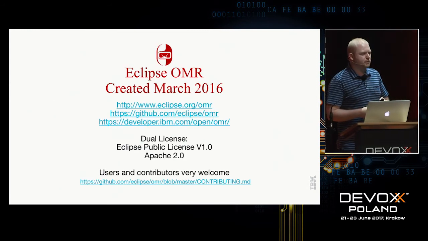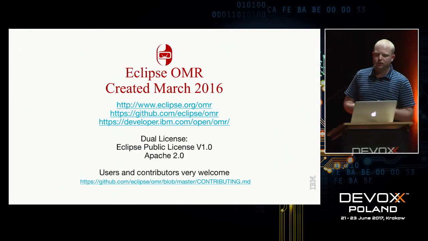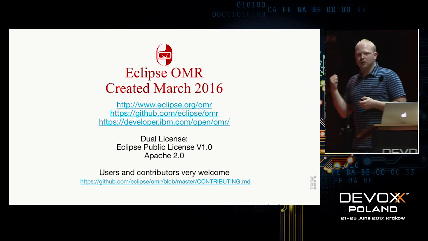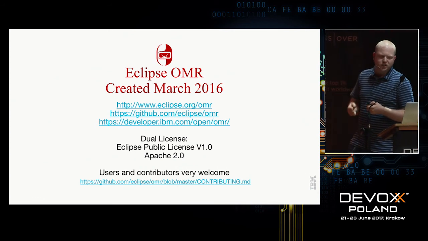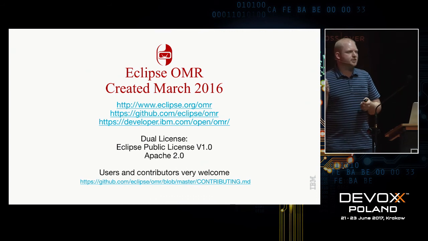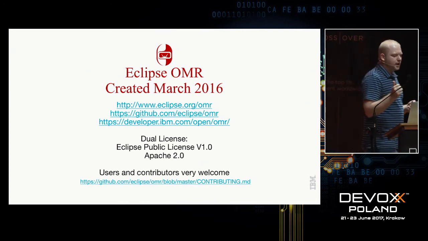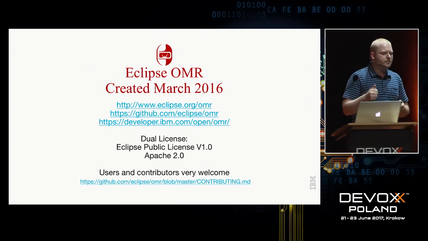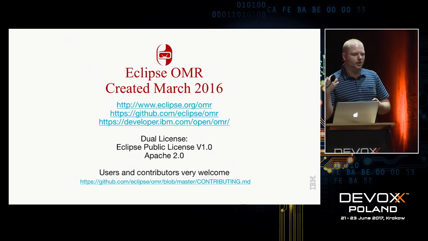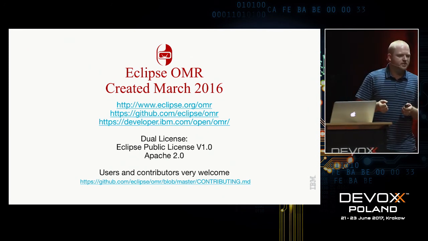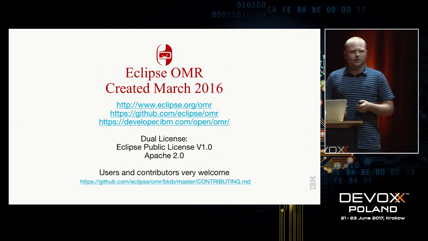And you can get Eclipse OMR source code from GitHub, and the other links here will also give you more information about that project. I want to point out the license, though, because Eclipse and Apache public license, those are very permissive licenses, and that's really to your benefit.